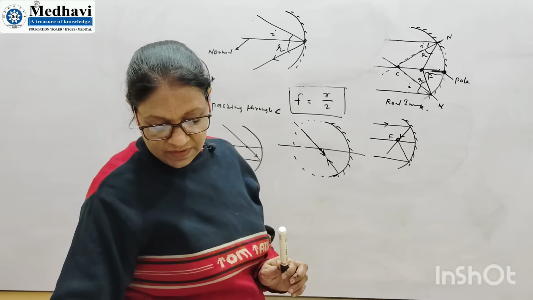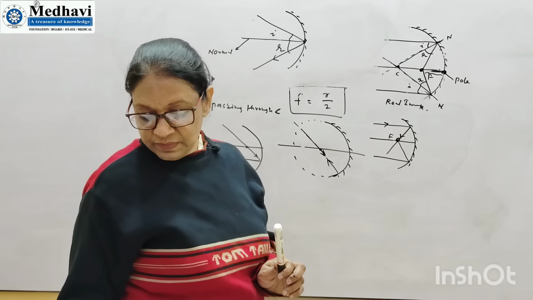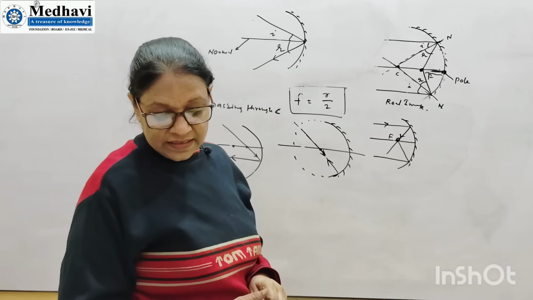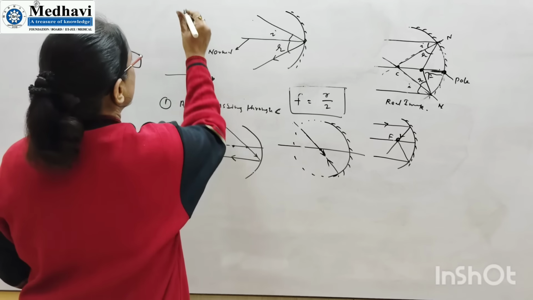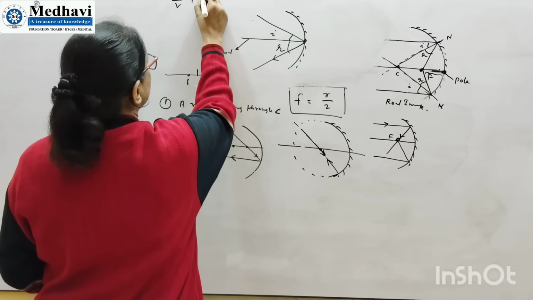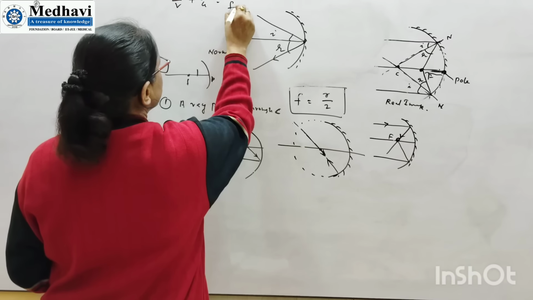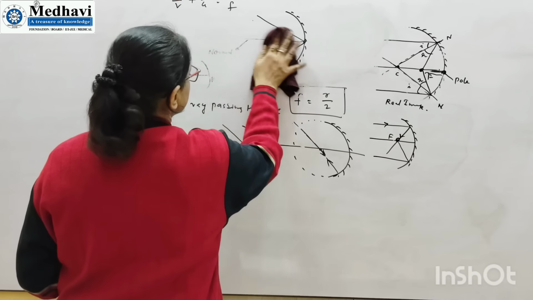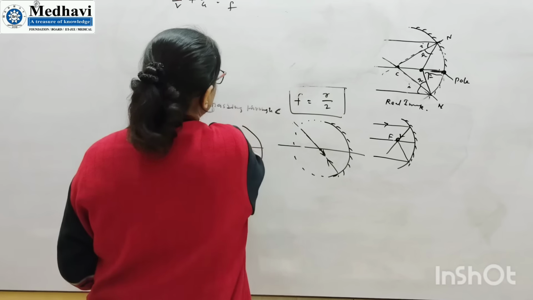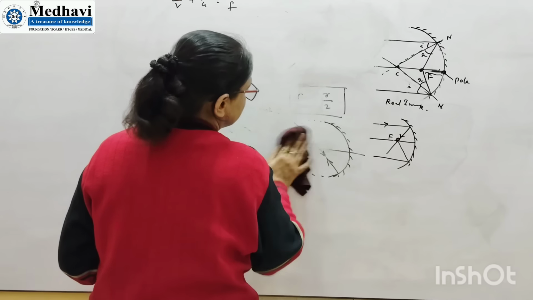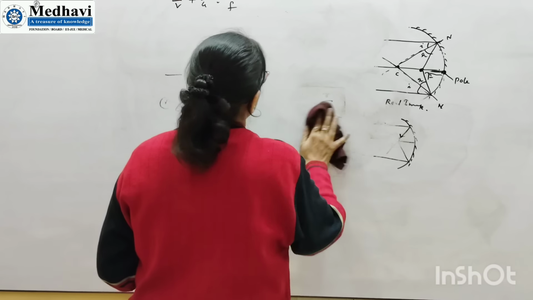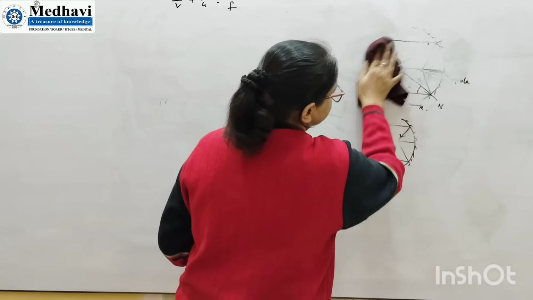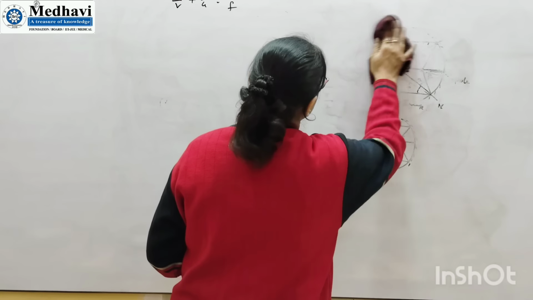So this is the information of the ray diagram for the concave mirror. The same things we will use for the convex mirror, but for solving numericals, the mirror formula is 1/v + 1/u = 1/f. Here v is the image distance from the mirror, u is the object distance from the mirror, and f is the focal length of the mirror.